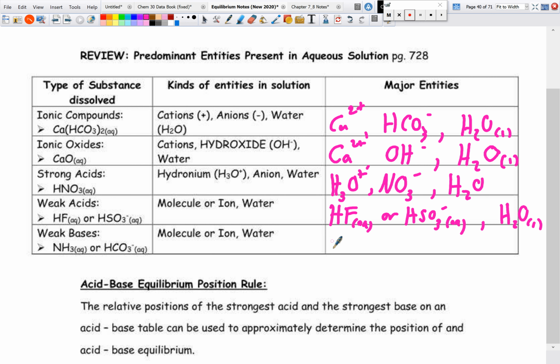So the molecule or the ion remains unchanged. And of course, we have water present. So that is how we can tell, or how we write out all of our entities, of course. The rules that we already had before, like molecular compounds, you don't change and stuff like that.